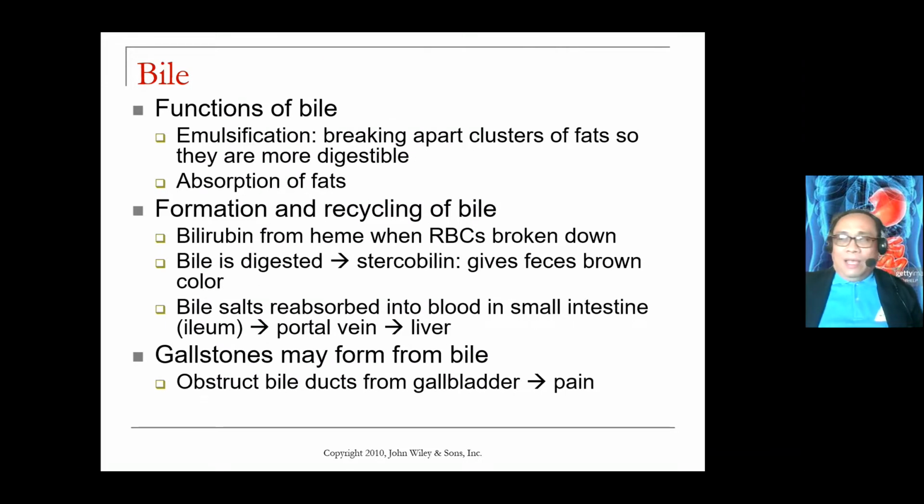Okay. Bile, as I described earlier, is a substance that breaks apart clusters of fats in a process called emulsification that facilitates the absorption of fats. So saan galing yung bile? Actually, it comes from bilirubin. When old and worn out RBCs are broken down, nare-recycle yung heme group from where bilirubin will be taken.